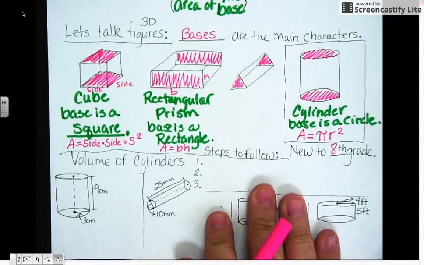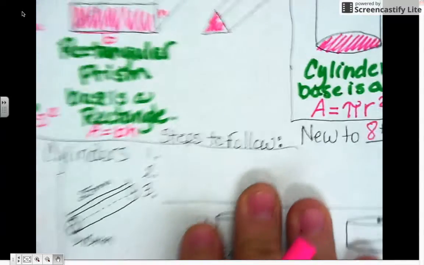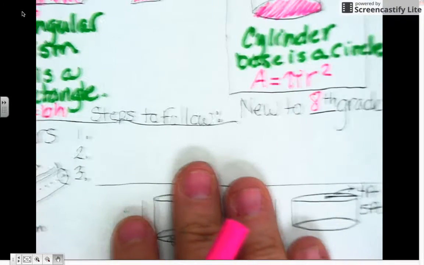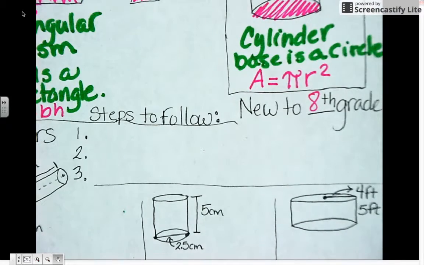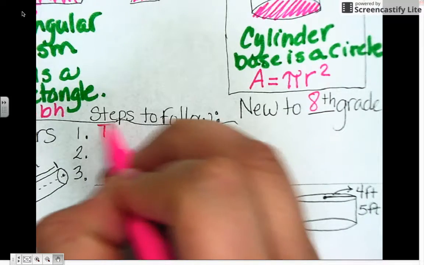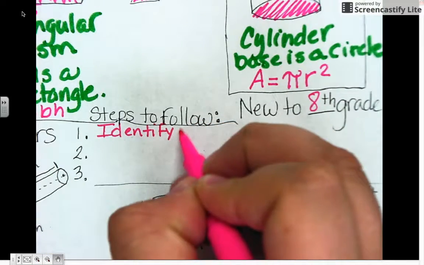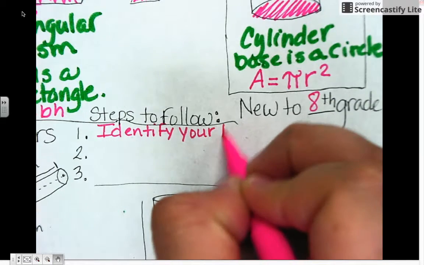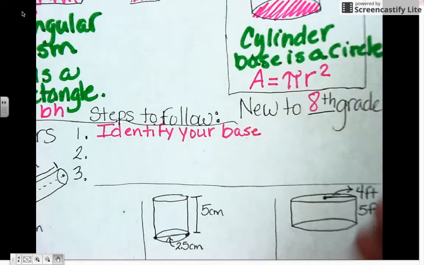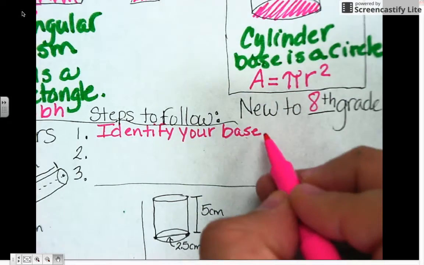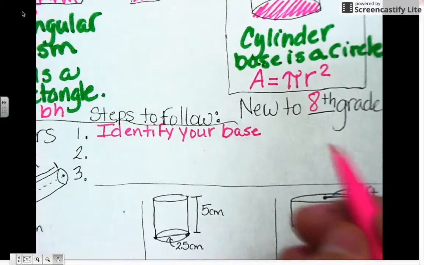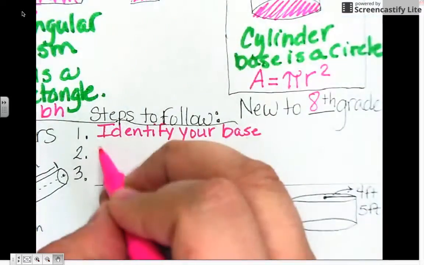So we're going to zoom in right here in steps to follow. The steps to follow to find the volume of a cylinder is first, identify your base. I'm going to try and go fast, and I know the sub can slow down or pause, so if you need to pause the video, pause it at any time. Identify your base.